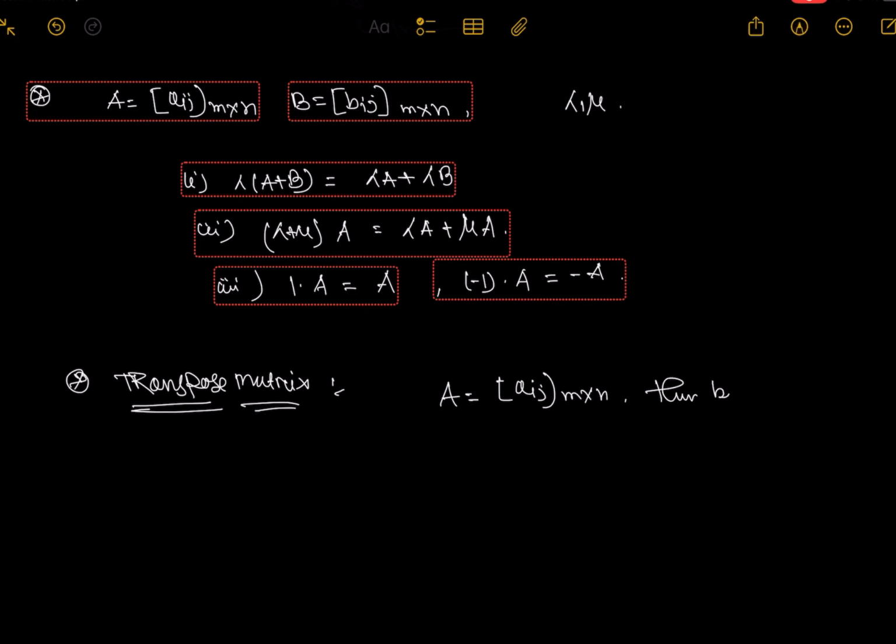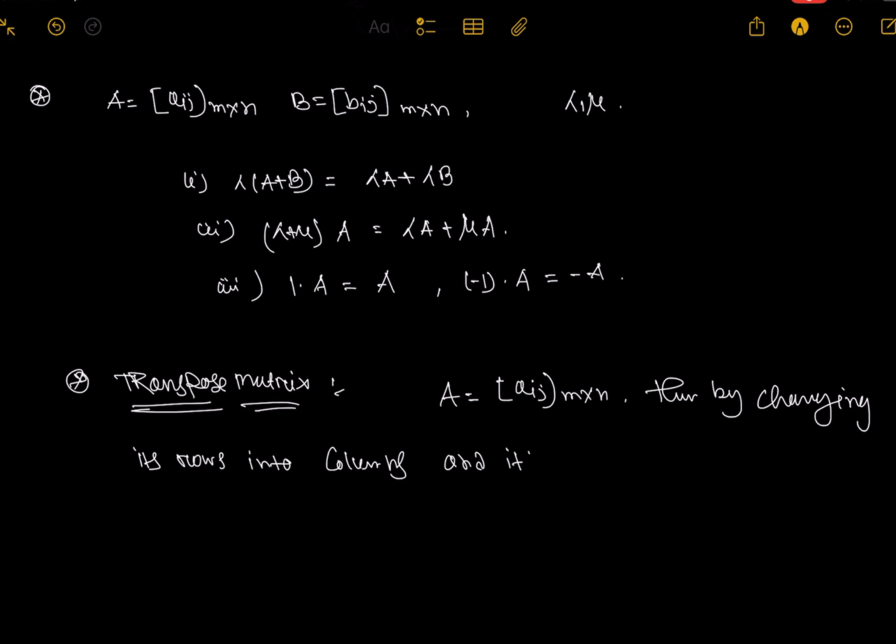Then by changing its rows into columns, and its columns into rows, it is called the transpose of A. Then it's called the transpose matrix.